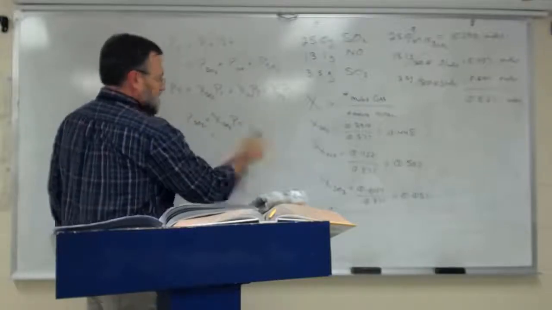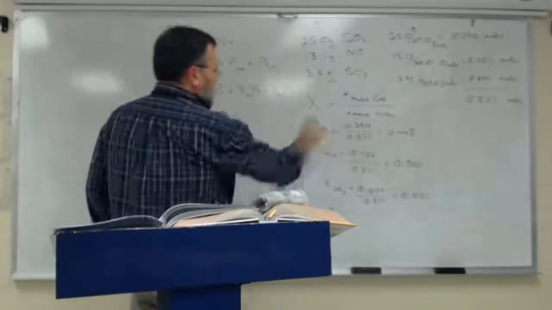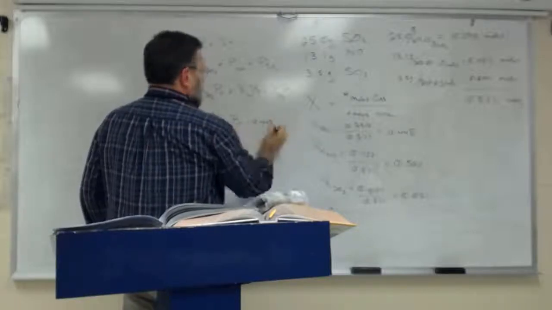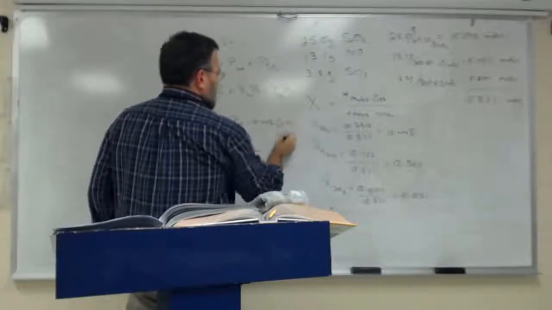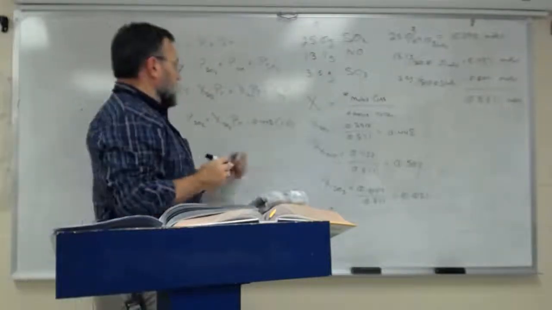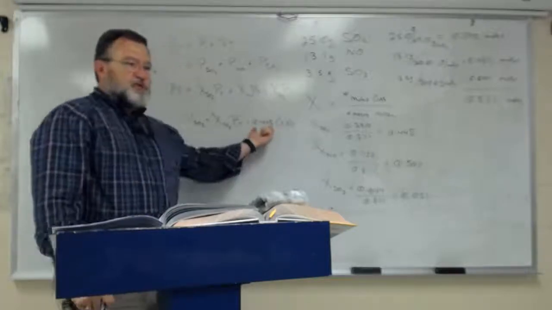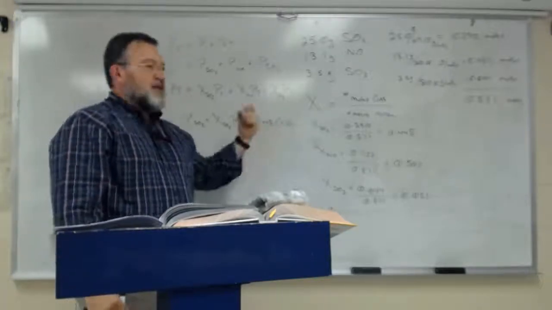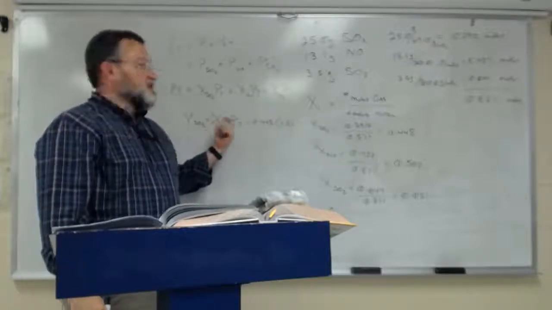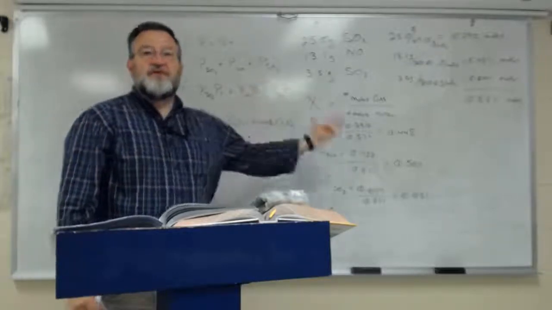In this case, SO2 is 0.448. Total pressure is 1.2. Okay. 44.8% of the pressure is due to the SO2. Why? Because 44.8% of the molecules are SO2.